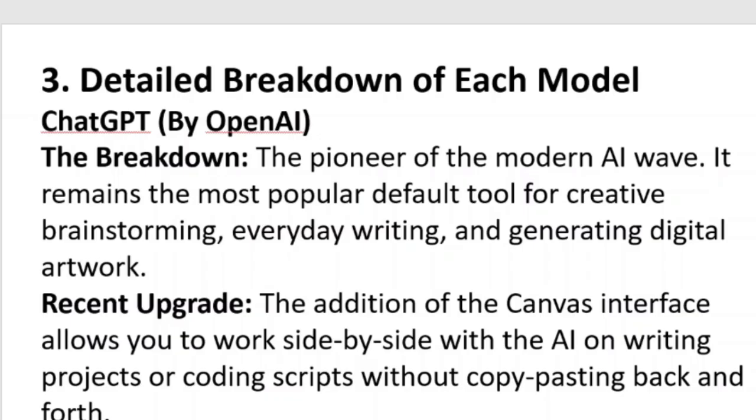This is what we use daily with ChatGPT. Recent updates, such as the addition of the Canvas interface, allow you to work side by side with AI on writing, projects, coding, and scripts, without copy pasting back and forth. This is what improved on ChatGPT.